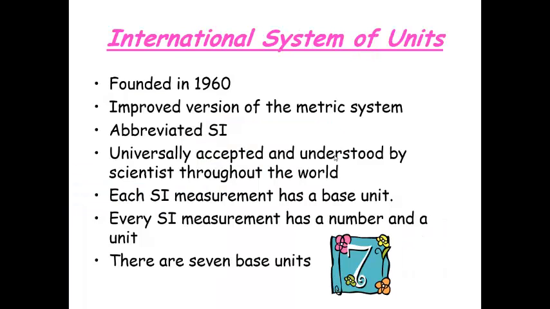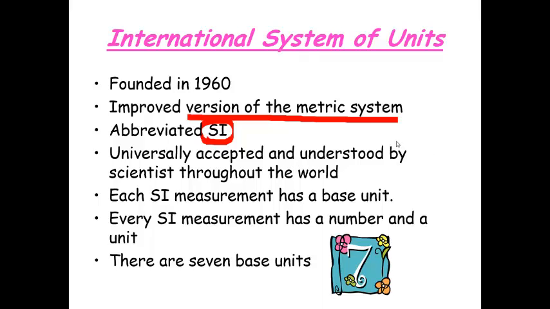In science itself, though, we use the International System of Units. It was founded in 1960. They actually sat down and had a convention in Germany, and it's basically what they consider an improved version of the metric system itself. It's abbreviated SI.